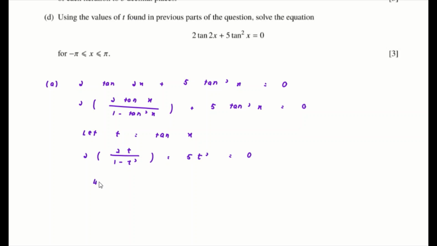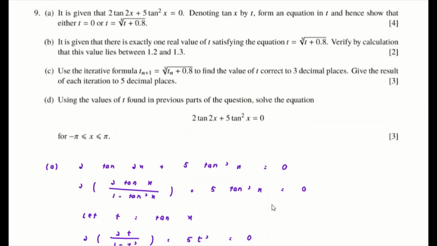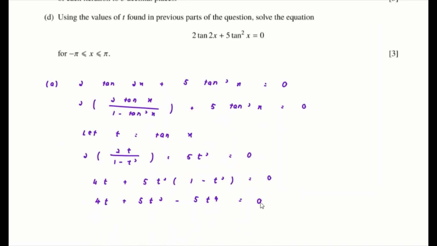So we have 2t plus 5t squared, and for this one, we need to multiply 5t squared by 1 minus t squared. So we have 2t plus 5t squared minus 5t to the power 4 equals 0. So the question says form an equation in t. So this is our equation.